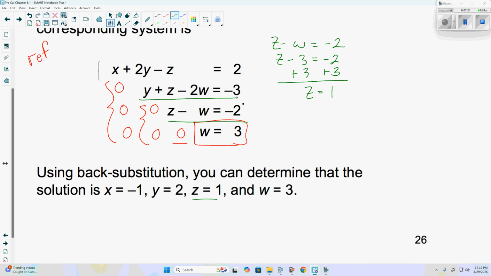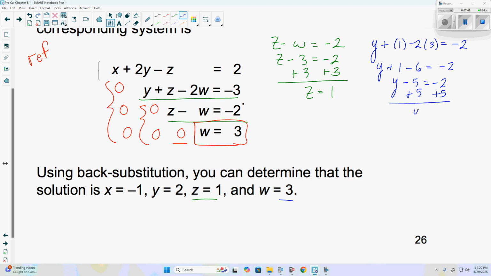The equation above it, y plus z minus 2w. Now we don't know what y is, but I know that z is 1, so y plus 1 minus 2 times 3 is equal to -2, because we plugged in our 2 values. -2 times 3 is -6. 1 plus -6 is -5.